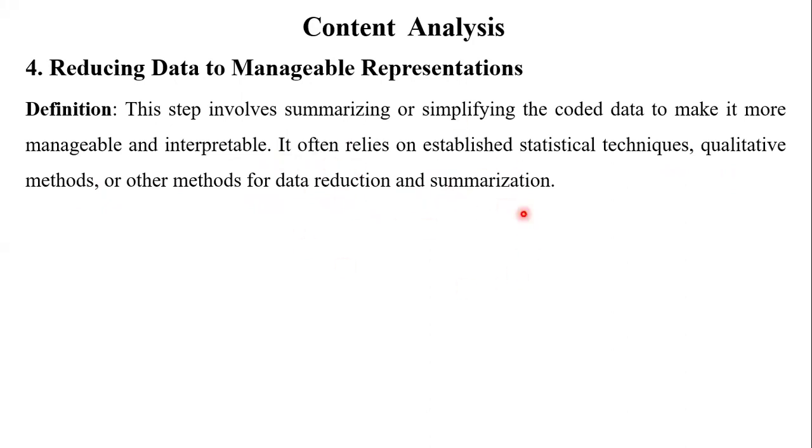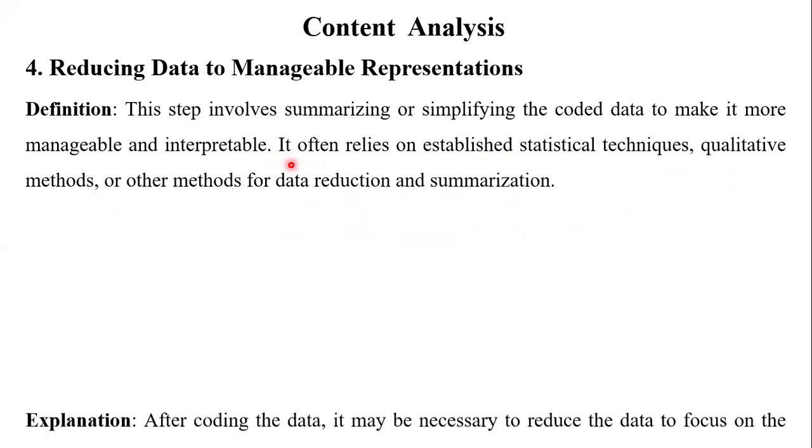So you need to exclude some irrelevant codes, or you can also integrate two codes into one in order to make them more manageable. You need to decide which codes are relevant and which are not, and which two codes are representing the same thing. So you can integrate them.